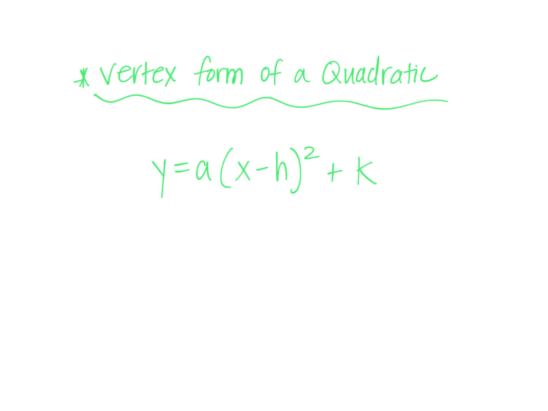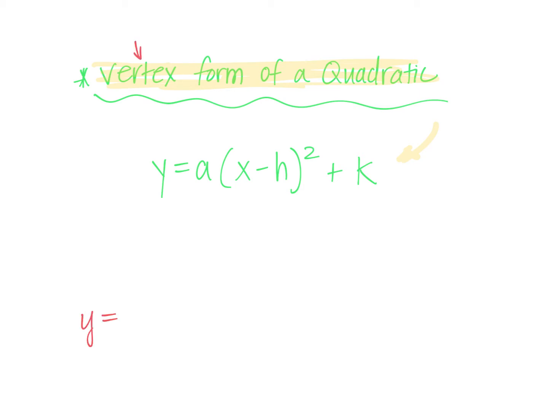All right, so we just actually learned another form of an equation for a quadratic. So you're going to want to put this in your notebook. This is called the vertex form of a quadratic. So basically, when I have an equation written in this form, like this, I can easily find the vertex. That's why it's called vertex form. Now, we already know standard form.